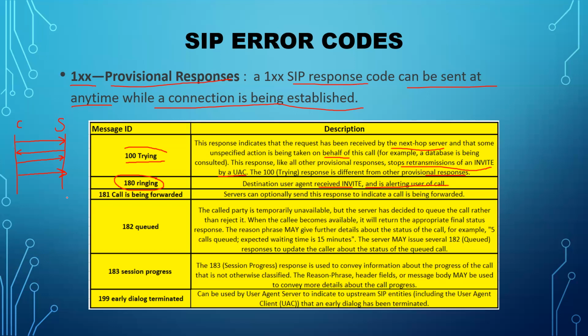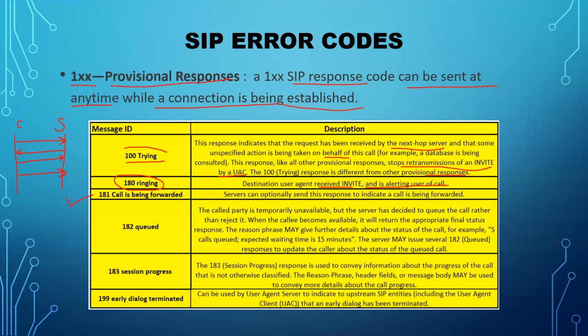Next, we will be having 181 Call Is Being Forwarded, right? Servers can optionally send this response to indicate a call is being forwarded. So if you are not available and you have configured this, like if I am not available, or not logged in, or busy, my call should get forwarded to my cell phone number.